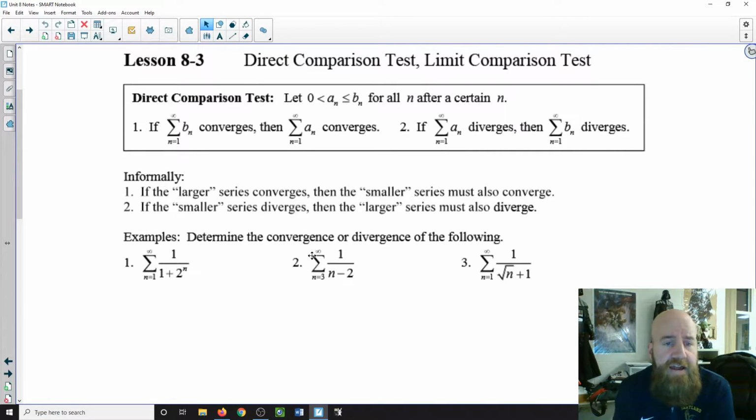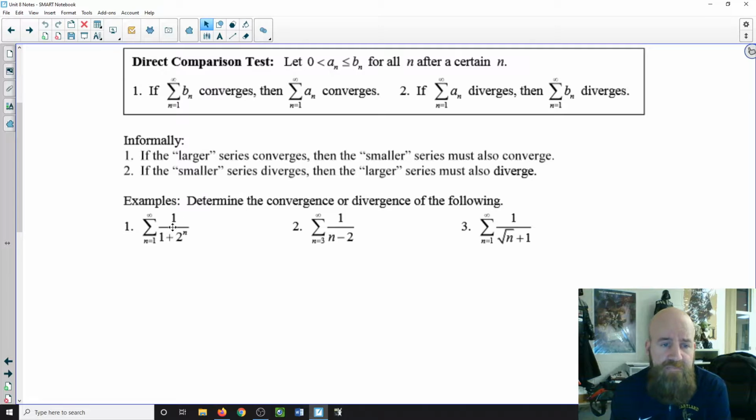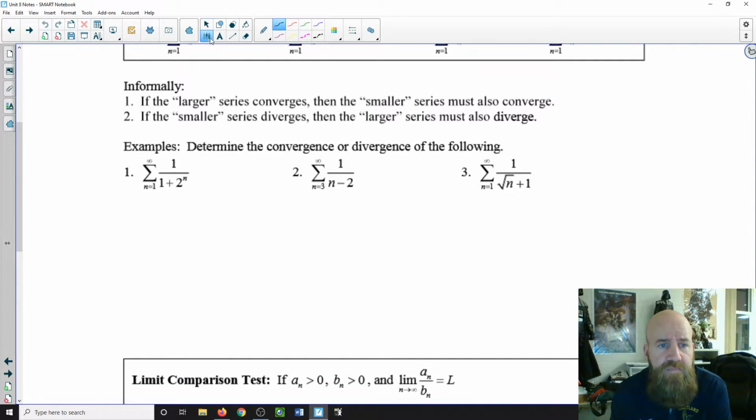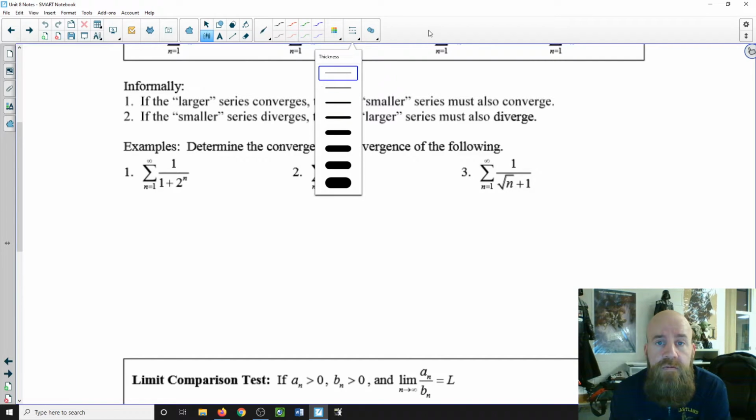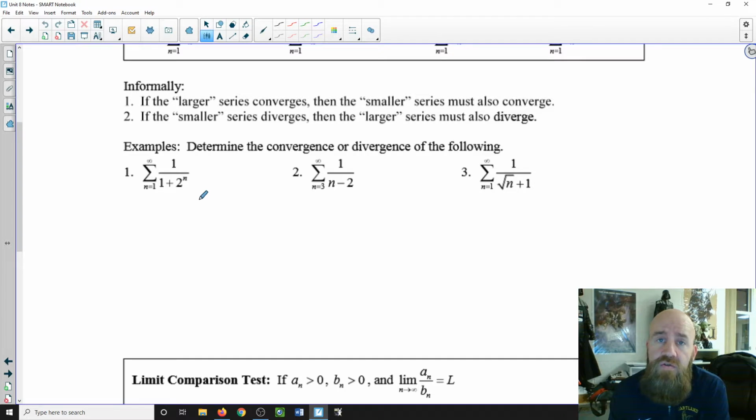So when we look at a series, for example, the first one here, we have 1 over 1 plus 2 to the n power. What we want to do is think of a series that we know how to find if it converges or diverges. If we look at this, we know 1 over 2 to the n, we know how to find out if that converges or diverges.